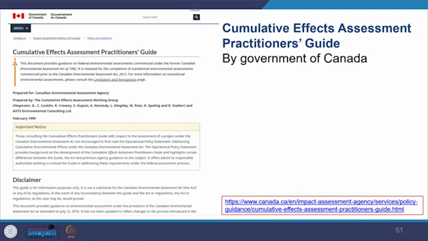Then you also see in Canada, they have assessment of cumulative effects, which has to be undertaken. It is specified in the Act, and the Act requires EIA to take into account any cumulative effects that are likely to arise from the designated project in combination with other physical activities that have been or will be carried out. So Canada has that in their legislation. So that's very briefly about the key legislations here.